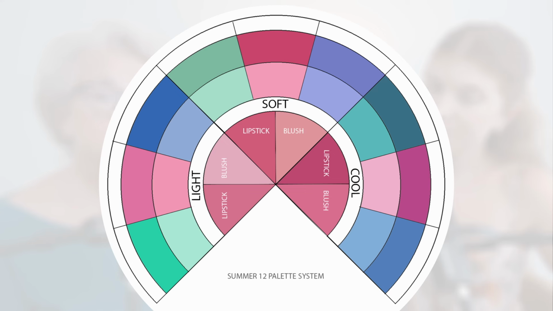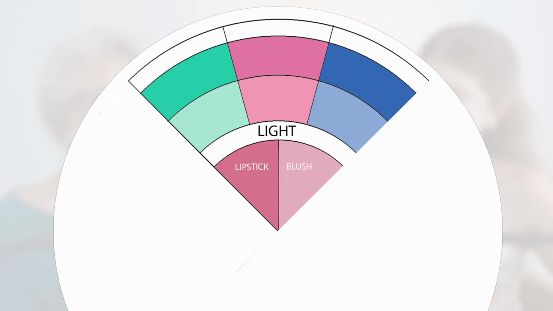We'll go down to the first pie slice, which is just strictly the light category. Now I've isolated this here for you because it's nice to see, without the complication of the other seasons, what this looks like. You see a range of greens, a range of pinks, a range of blues, and these are all in your palette along with the lipstick and the blush.